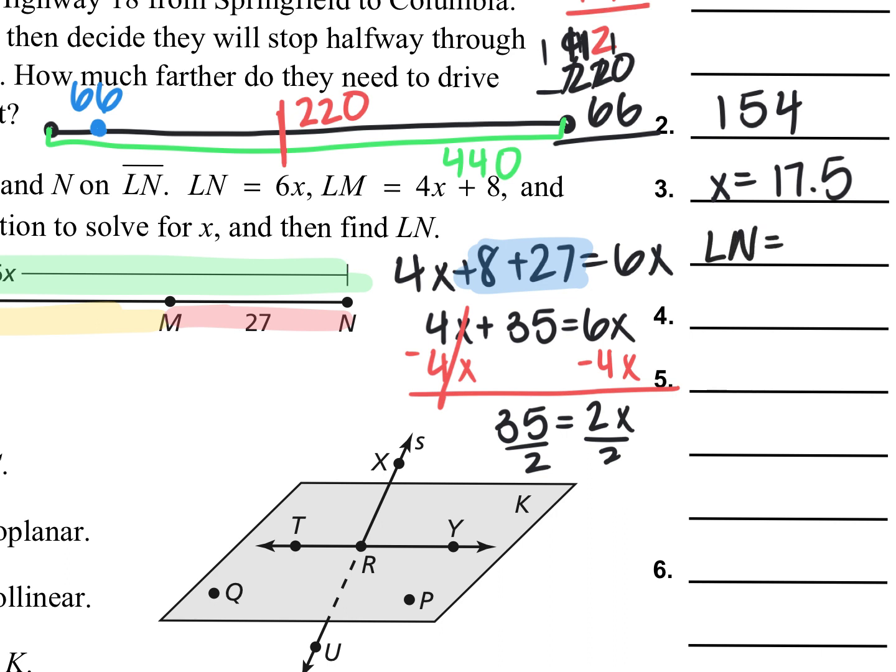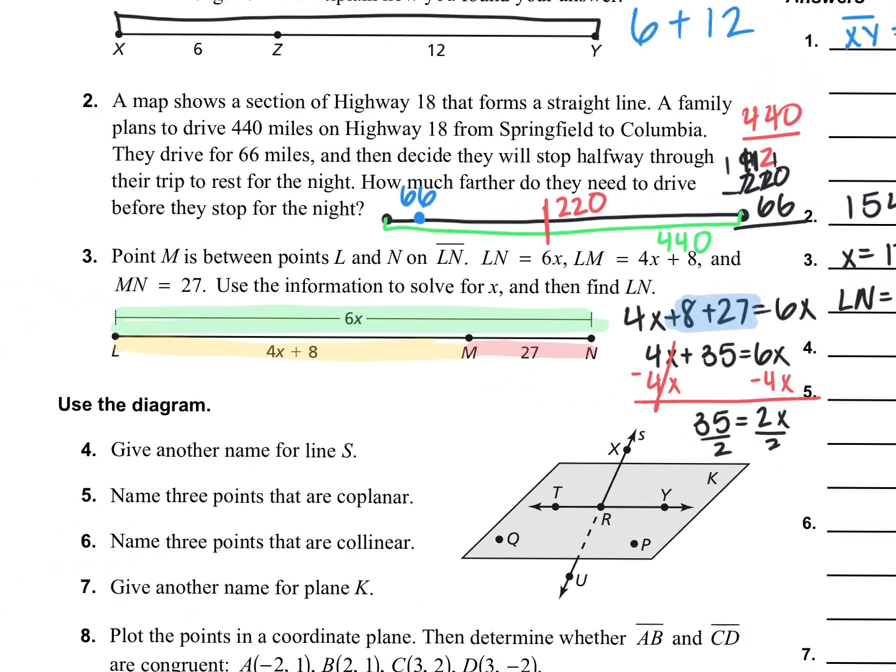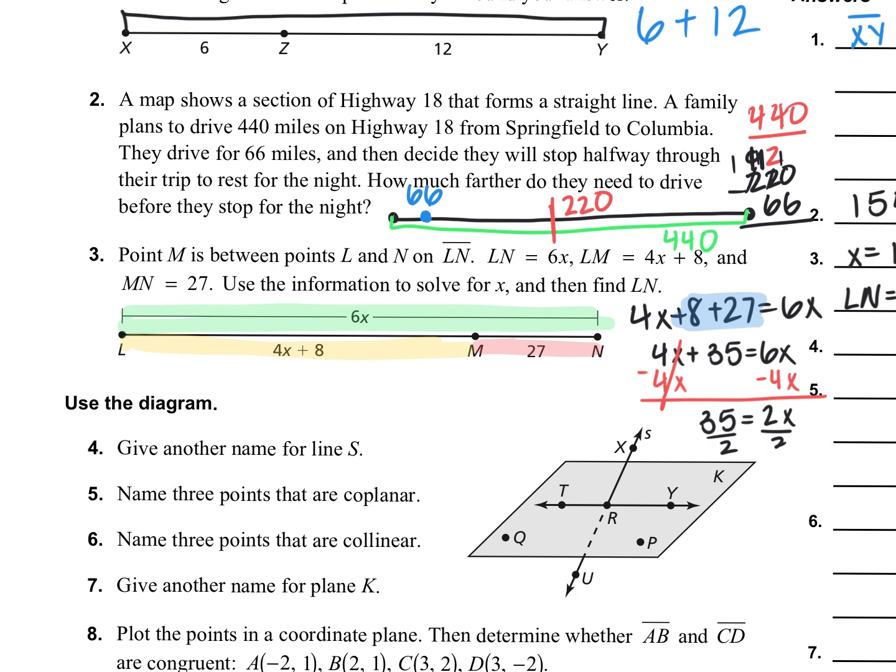Plug in the x value. Good. For 6x. I'm going to plug in my x for my 6x. So I have 6x times, I'm sorry, just 6, not 6x. 6 times 17.5.